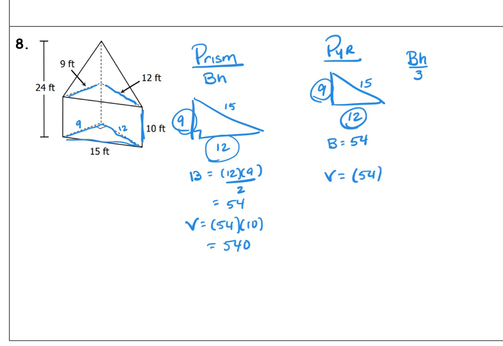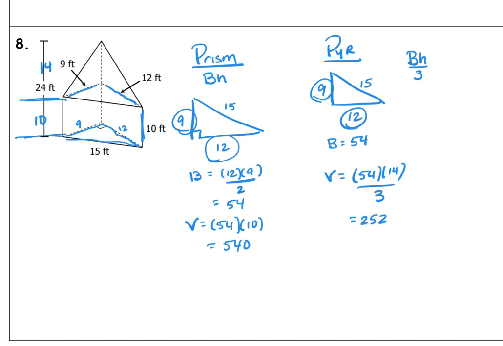If I look at this picture, I can see that from here to here is 10 because my prism is 10, but the whole shape is 24. So 24 minus 10 tells you that the height of the pyramid is 14. So I'm going to use a 14, and then I'm going to divide that whole thing by 3. So 54 times 14 divided by 3 for a total of 252.